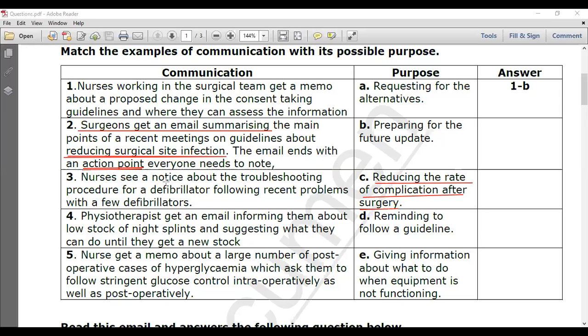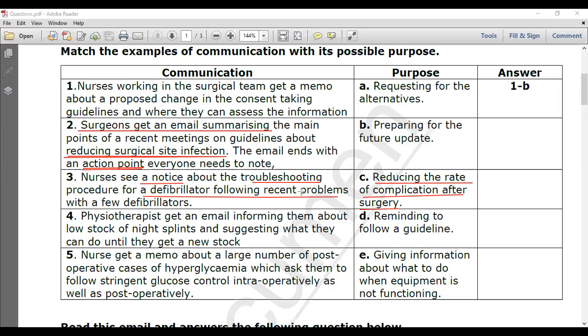Then nurses, they see a notice about the troubleshooting. It says troubleshooting while using a defibrillator following a recent problem. So troubleshooting is mainly when you are working with a technology and when you have an issue.